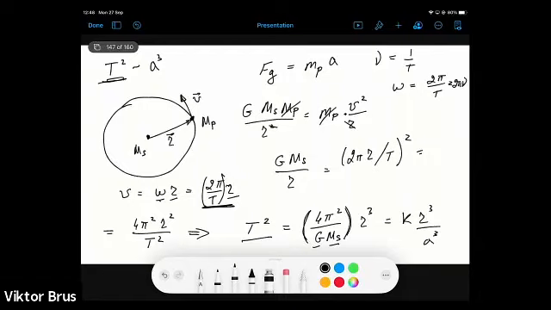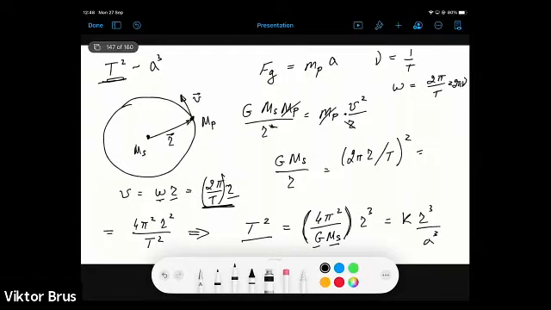So with this, I think that's everything I wanted to tell you for today. We introduced the gravitational equation derived by Newton. We also introduced three laws, the Kepler's laws, and in detail described, explained where they come from.